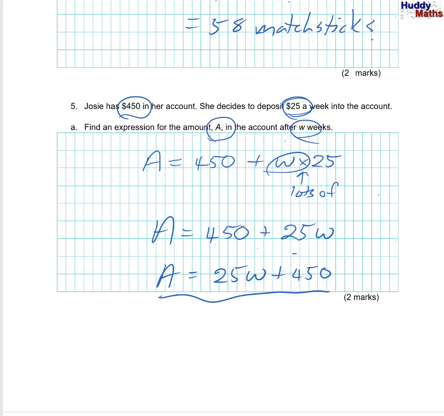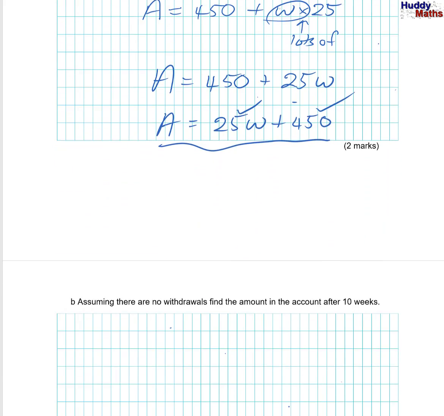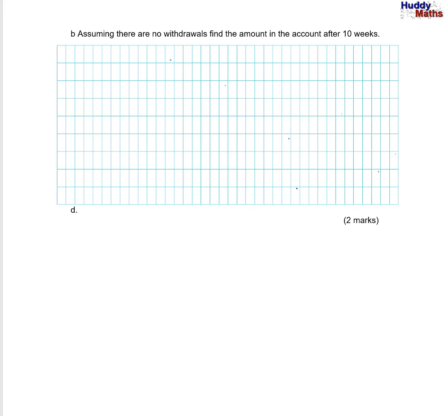So for knowing that you had to multiply the number of weeks by $25 a week, you get that, and 1 for the 450. Okay, how are you going? Hope you're getting some marks. Let's come down to the last part now. Assuming there are no withdrawals, she's not taking any money out, find the amount in the account after 10 weeks.